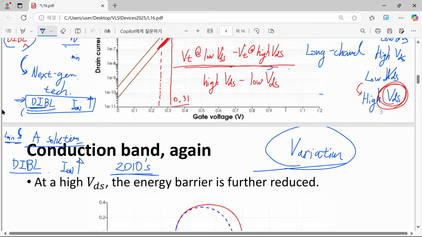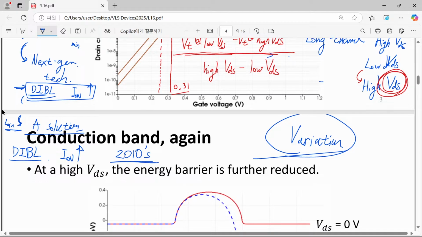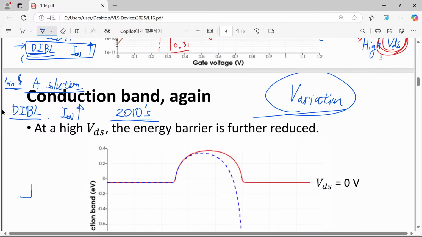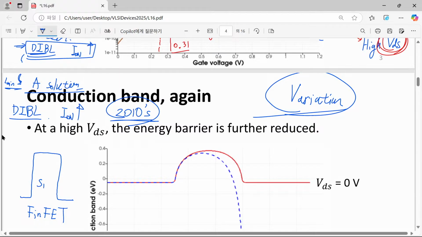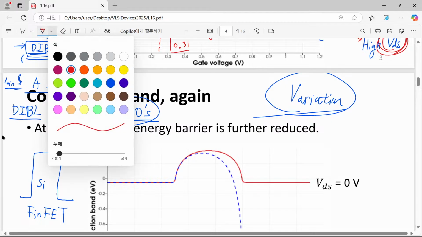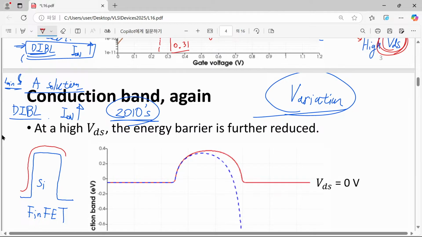What they have done was, at the time, they had the technology called FinFET, and this blue region corresponds to the silicon channel, and this silicon channel is actually covered by this, which corresponds to a gate metal.